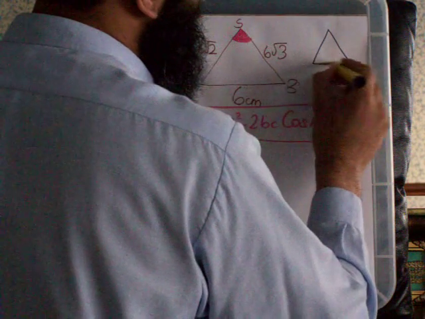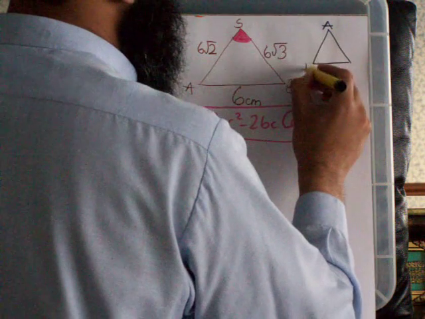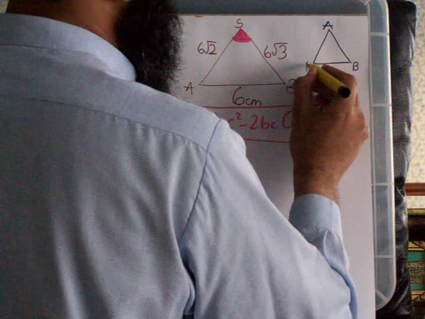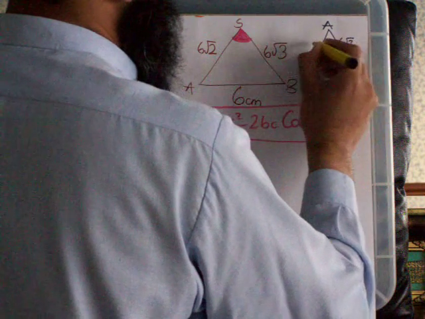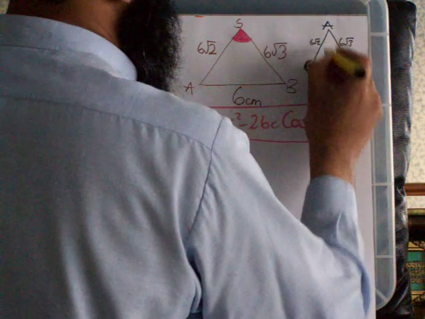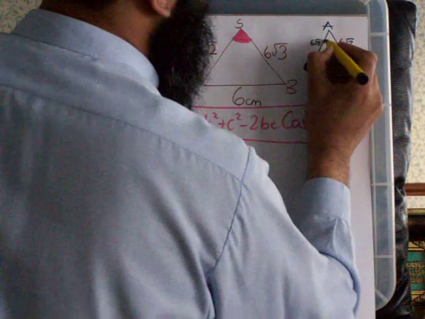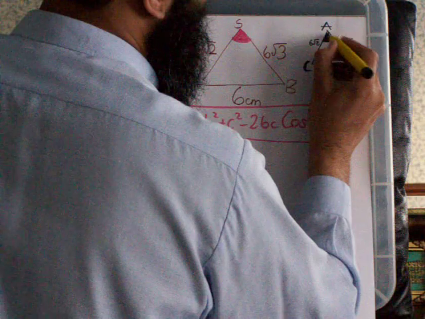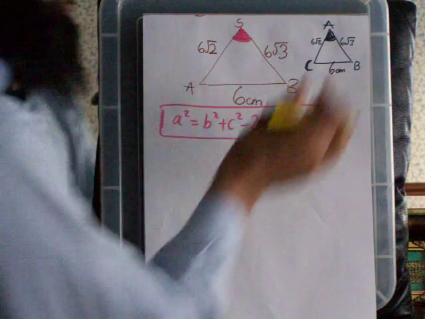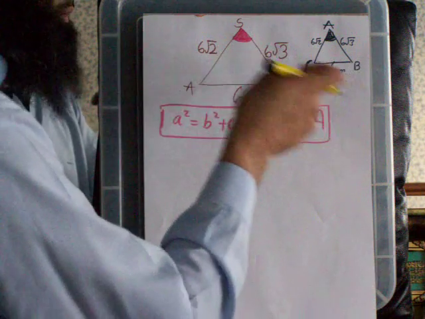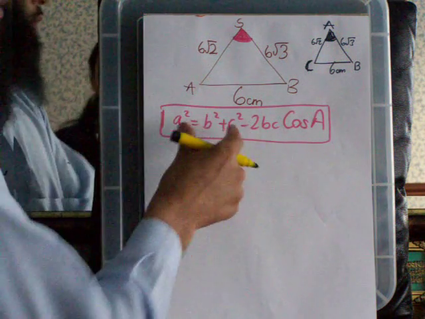I'm going to call this side I'm looking at A, leave B where it is, and call this side C. So all I've done here is go from our original labeling to my own labeling, which gives me letters that correspond to the correct position in the cosine formula.